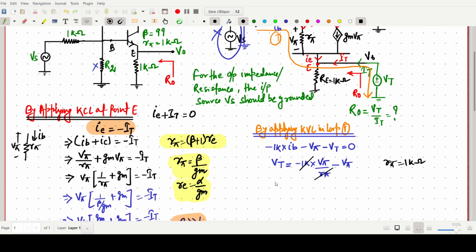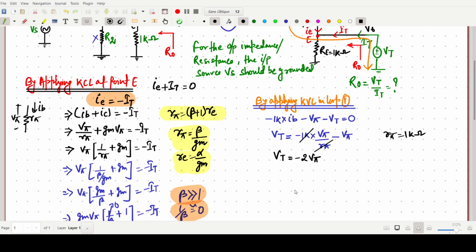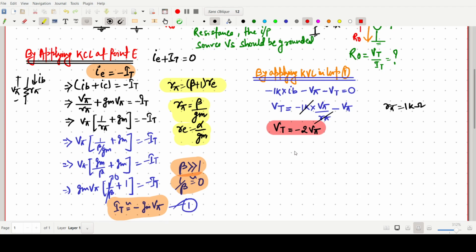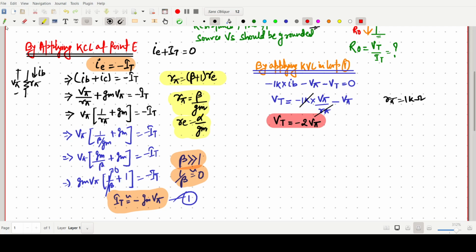So the VT value will be nothing but simply minus 2 V pi. Clear? This is one more relationship, our equation number 2.